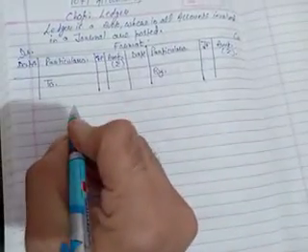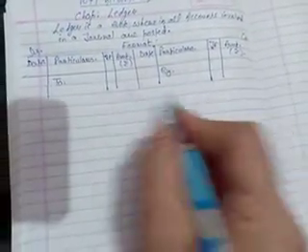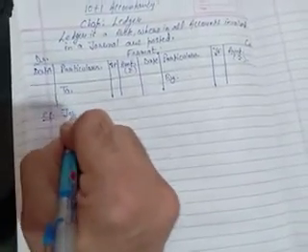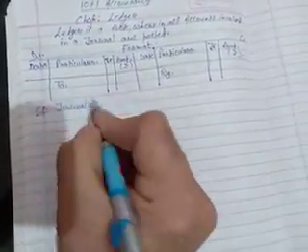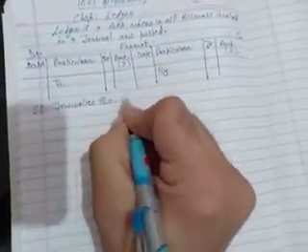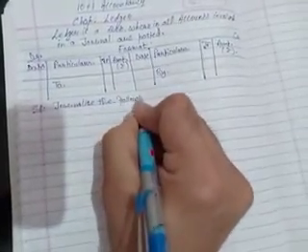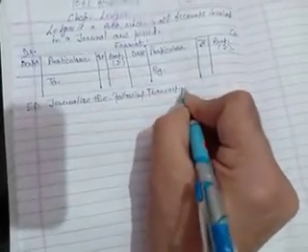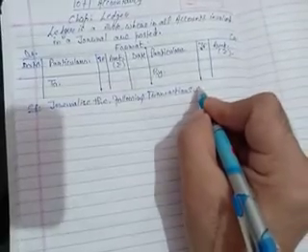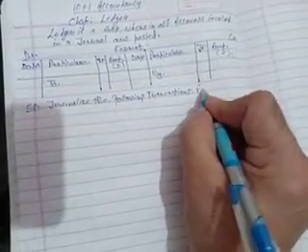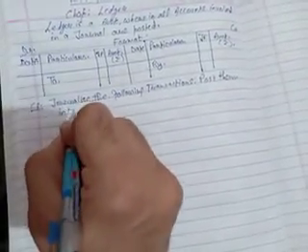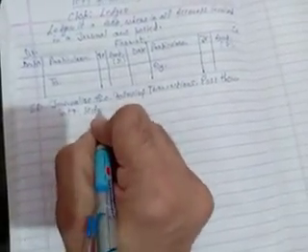So let's see the process of posting in a ledger by taking an example. For example, journalize the following transactions and post them into ledger.